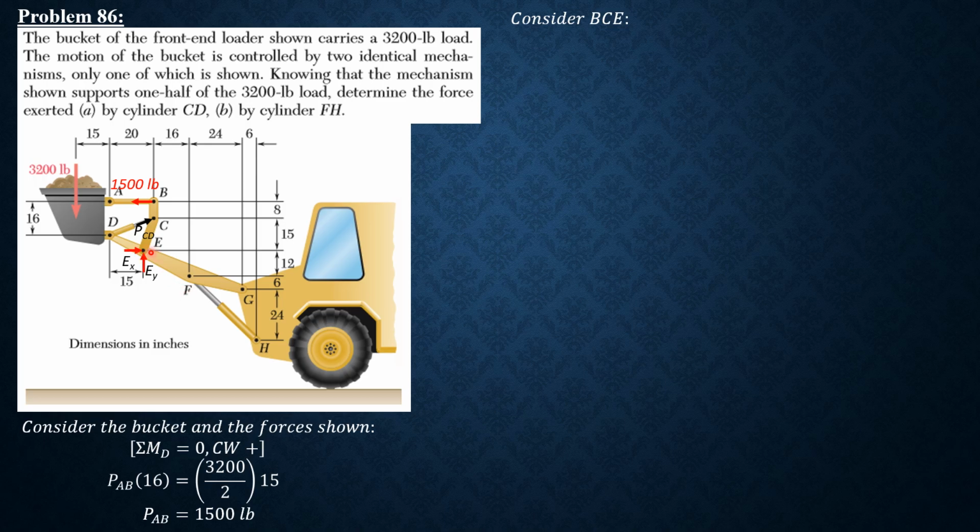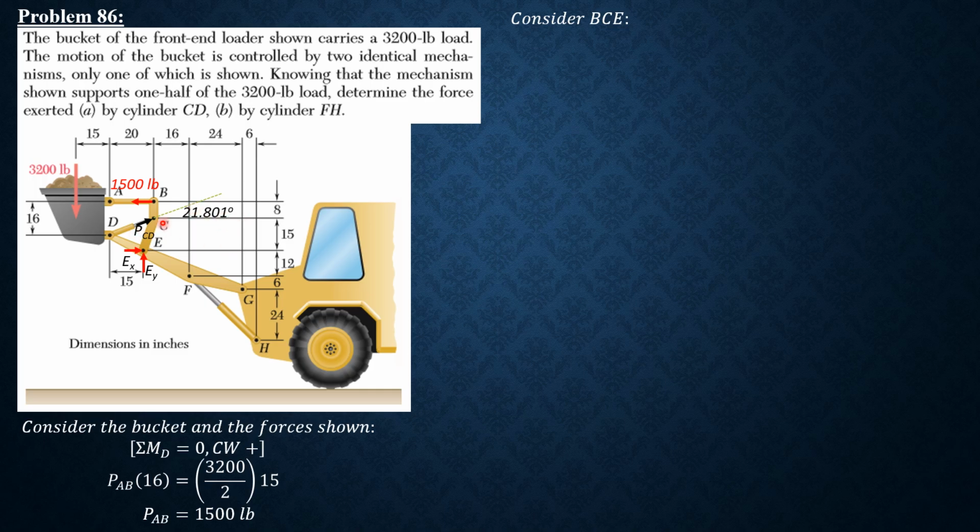The angle that PCD makes with the horizontal, so let's extend it, is arctan of vertical distance 16 minus 8, so it is 8, and the horizontal distance is 20, arctan of 8 over 20, where 8 is 16 inches minus 8 inches, and 20 is the horizontal distance between C and D. Arctan of 8 over 20 is 21.801 degrees.